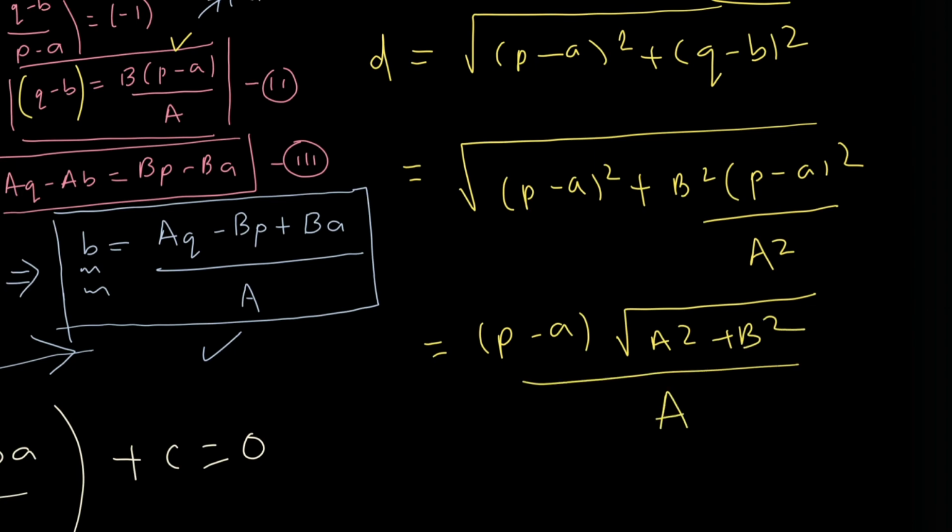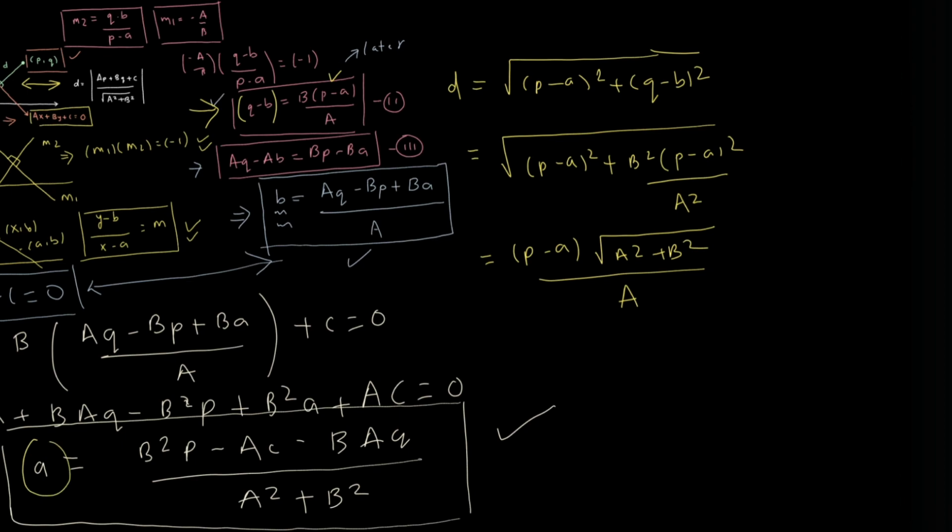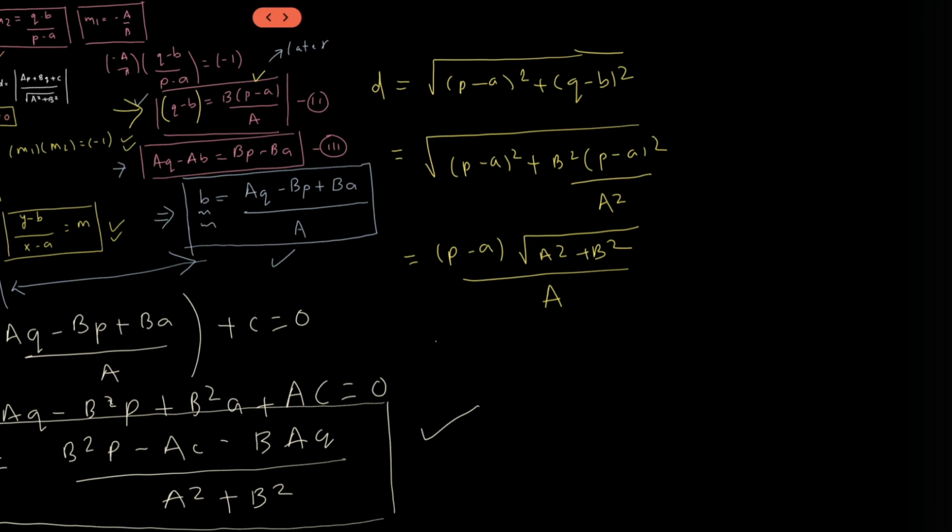Now recall that we have got the value of a in terms of the variables that were strictly given in the question. So I will replace that value over here. So this thing will turn out to be (p minus b square p minus ac minus baq) divided by a square plus b square.